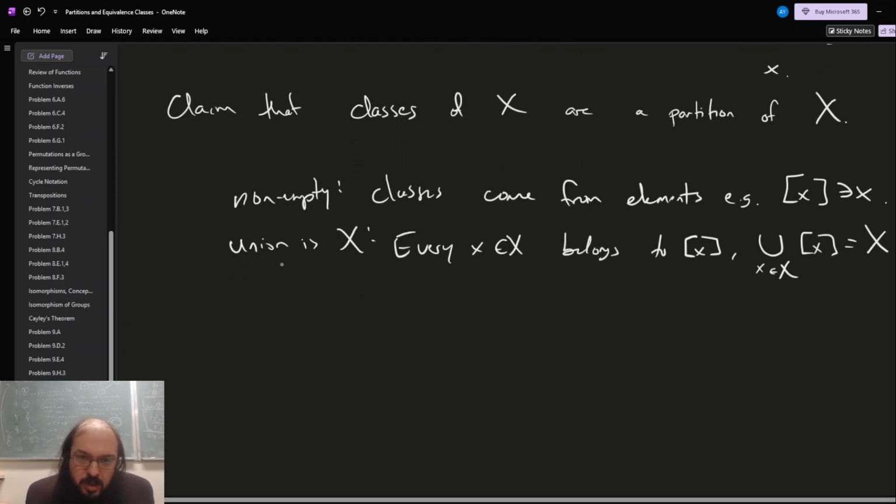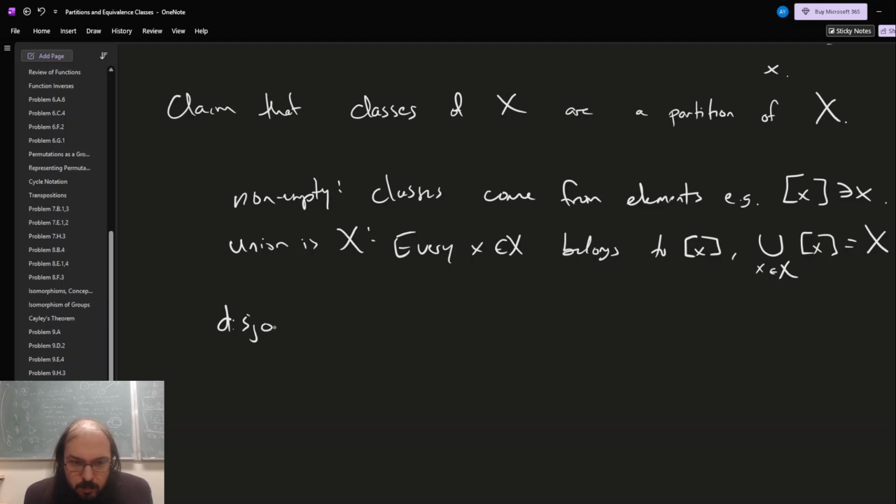The interesting bit is disjoint. In other words, can it be that the class of X intersect the class of Y is non-empty when X and Y are different? And the answer is yes, that can happen.